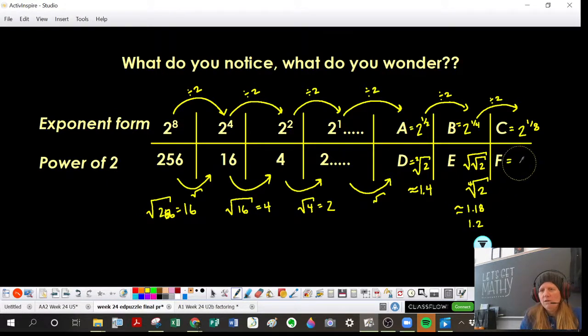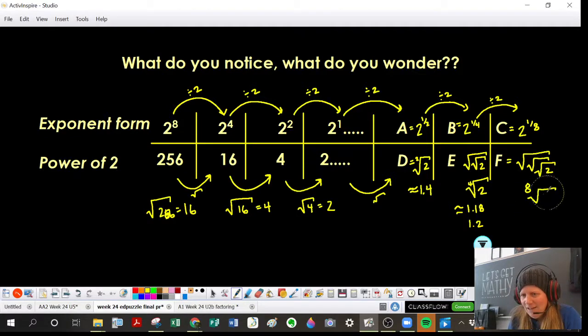Oh gosh, what if we had to do it 3 times? Sometimes these are known as nested surds. Oof, look at that. Right, mathematicians, we've always been about coming up with shortcuts. So I could say that this is the 8th root of 2. Huh, that's pretty cool.